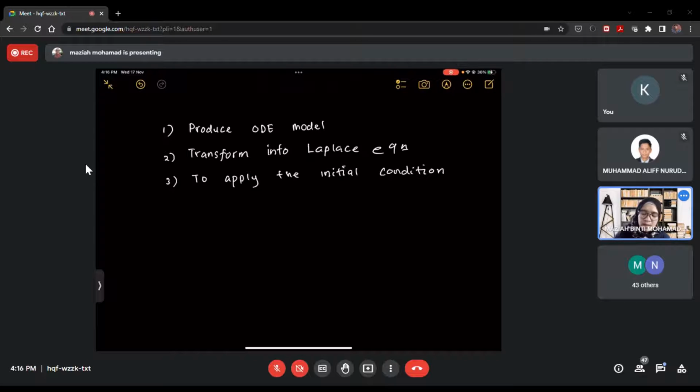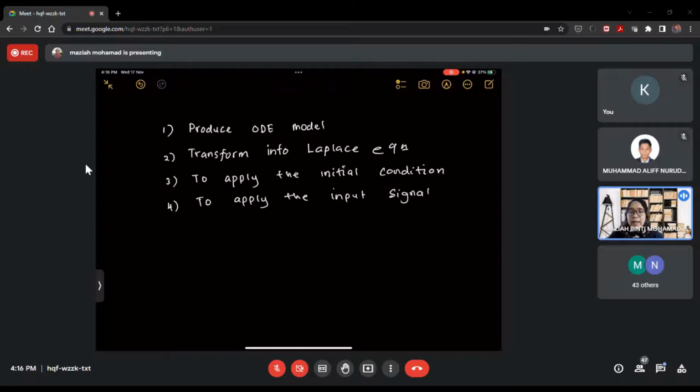Then after that, we're going to apply the input signal. If you are using a unit step input, we're going to apply a step signal in Laplace form.